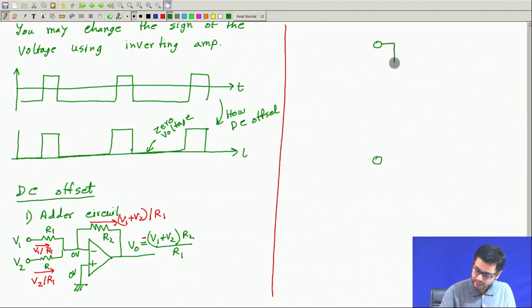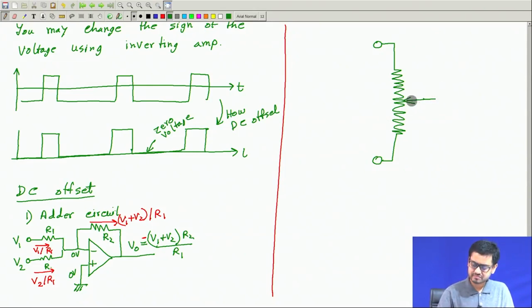Now, what I do, I take a potential divider, I take the output from here, and so what will be this voltage? Okay.